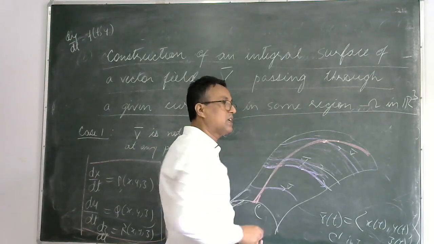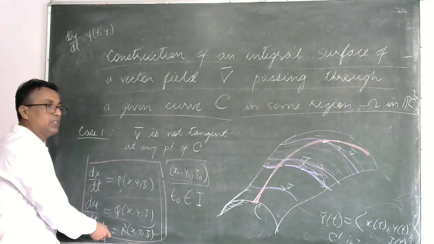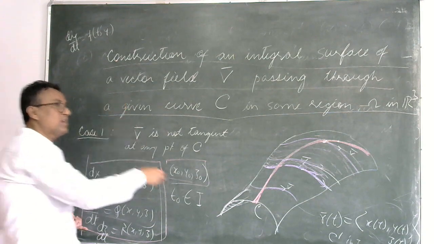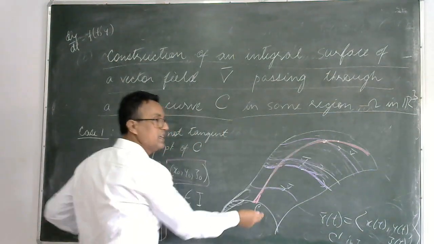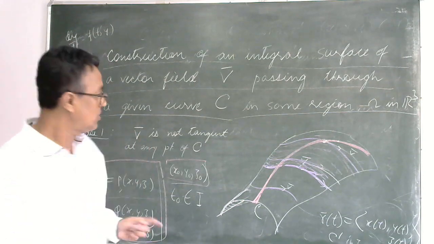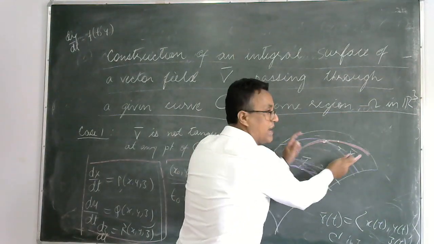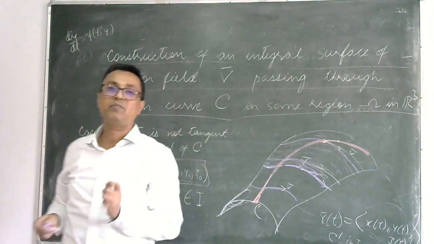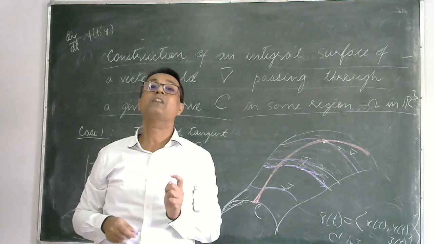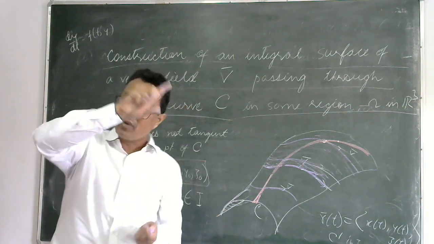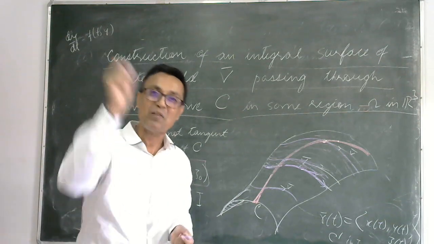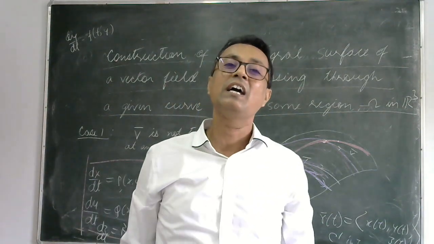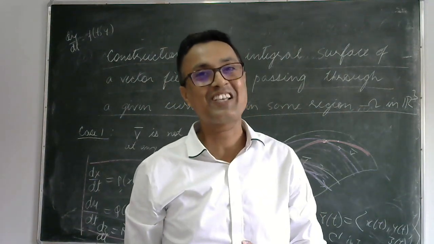Because this integral curve came out from this system of equations, any integral curve passing through a particular point lying on the curve C must be unique. All these unique curves are going to embed to generate a surface, and I am claiming that that surface must be an integral surface corresponding to V. That is pretty obvious, although it is still not obvious to some of you, because the very definition of an integral curve tells you that at each point V is a tangent. Is it clear now?